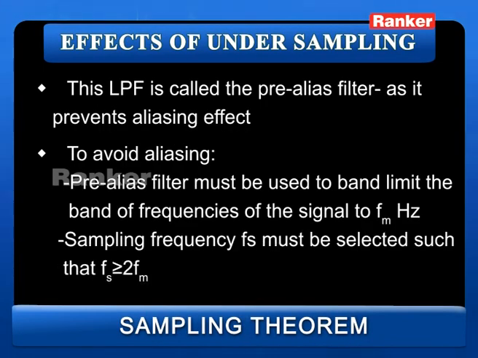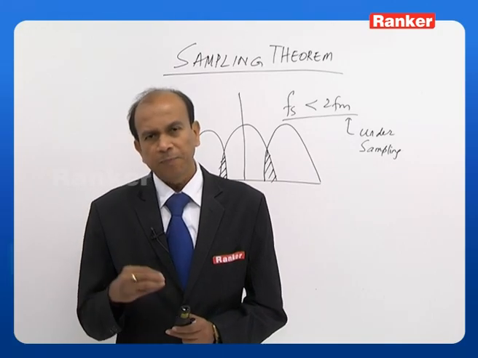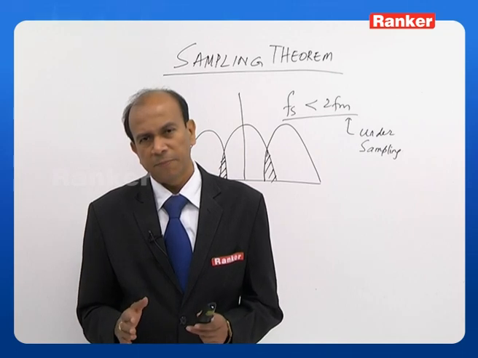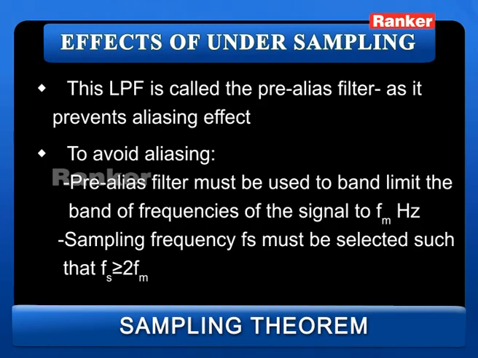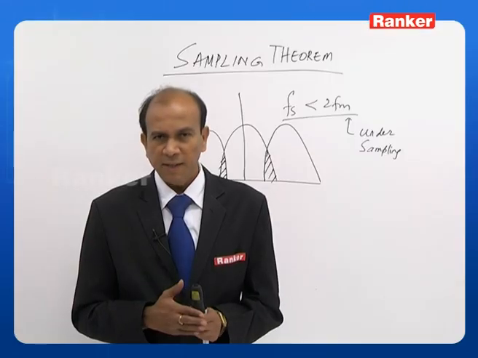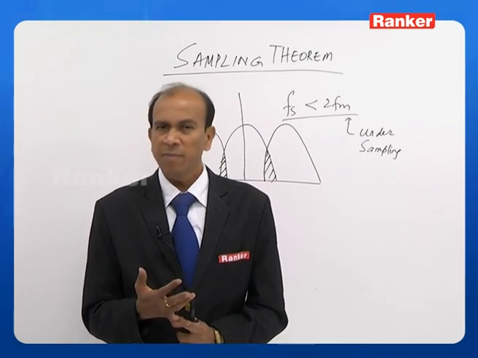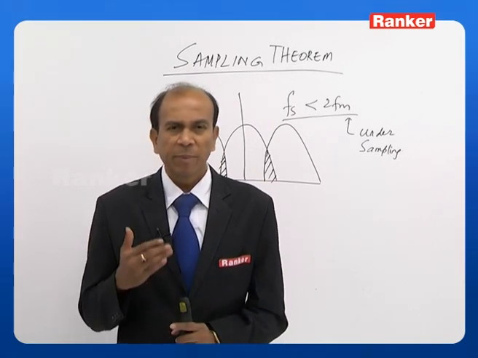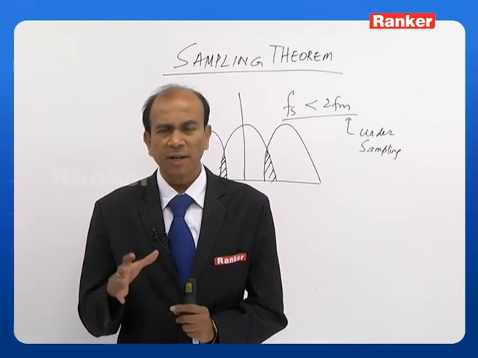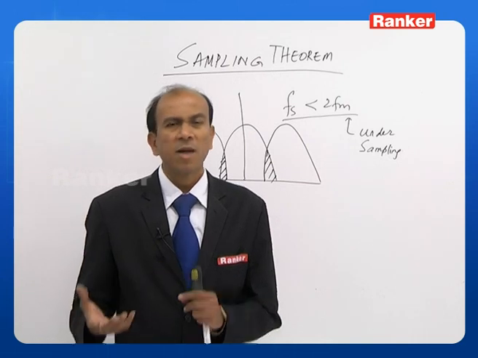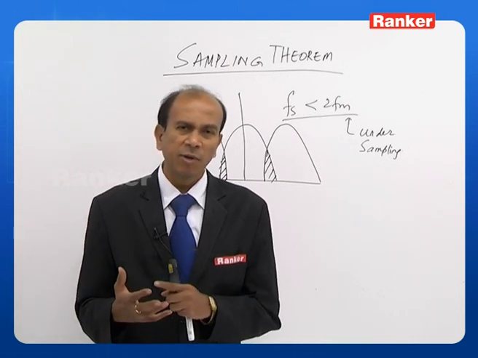To avoid aliasing, what do I have to do? First of all, a pre-alias filter must be used to band limit the frequencies of the signal to FM hertz. In spite of the various frequency terms we have, the pre-alias filter band limits them to FM. Second, the sampling frequency Fs must be selected such that Fs is greater than or equal to 2FM. The pre-alias filter helps us find the maximum frequency of the given signal, or rather limit it, and then I can calculate the sampling rate Fs.